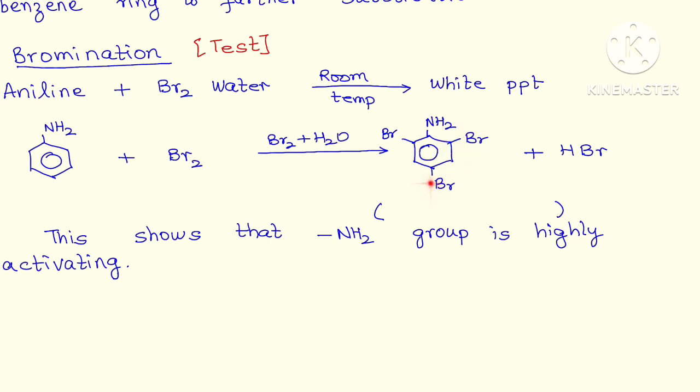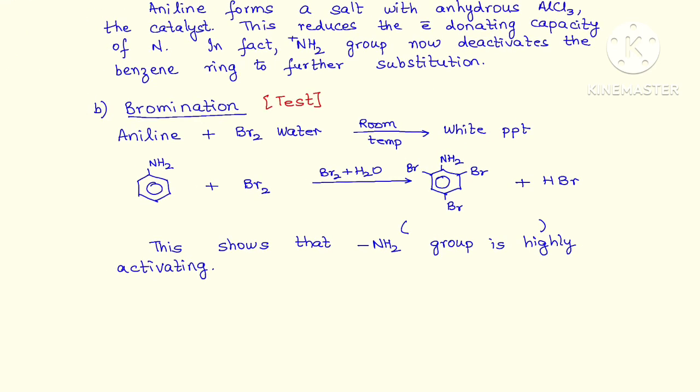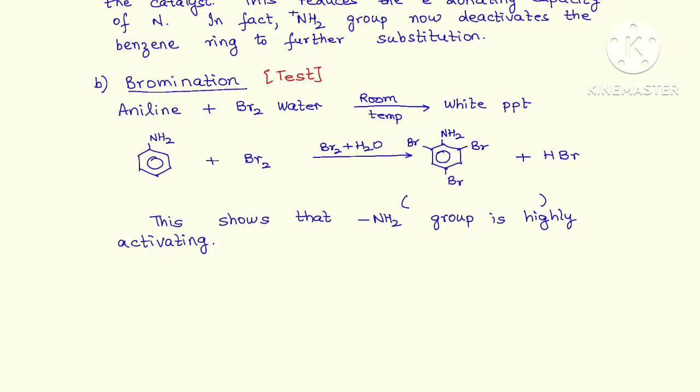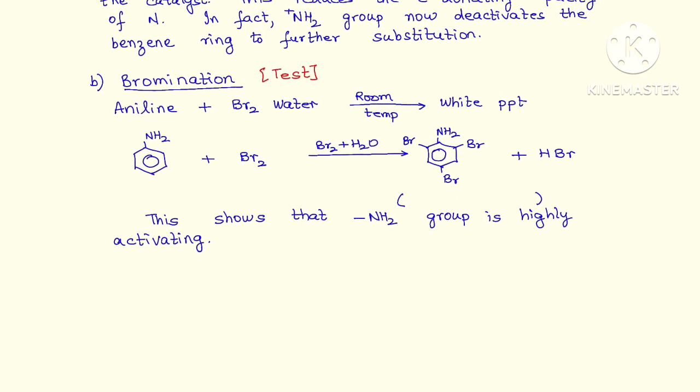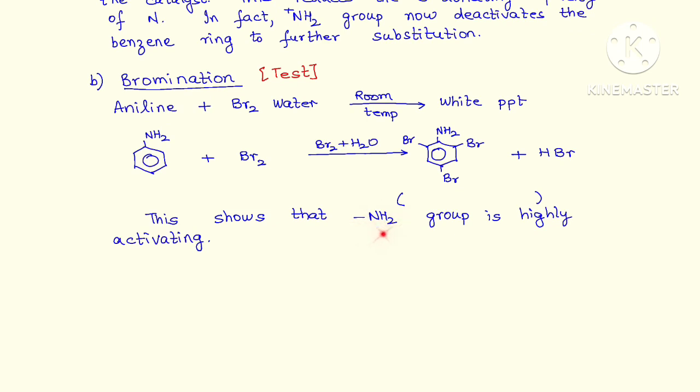Can you help me out with this? Go ahead. 2, 4, 6. What will be the primary functional group? Go ahead and recall the IUPAC system of nomenclature. So this reaction goes on to show that our NH2 group is highly activating.